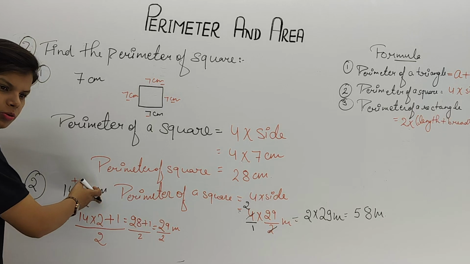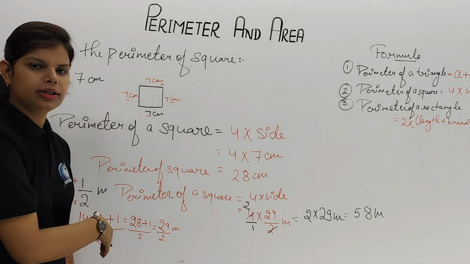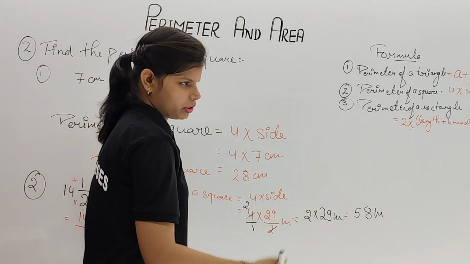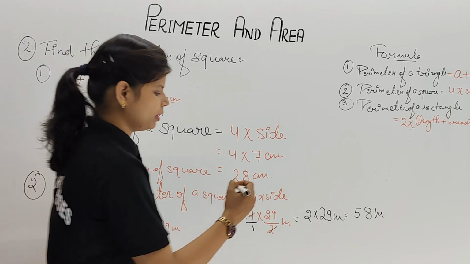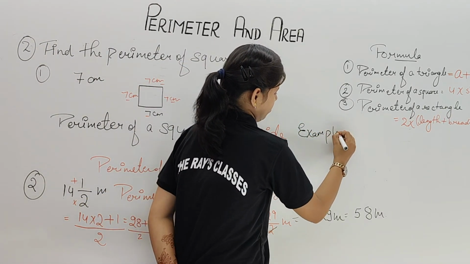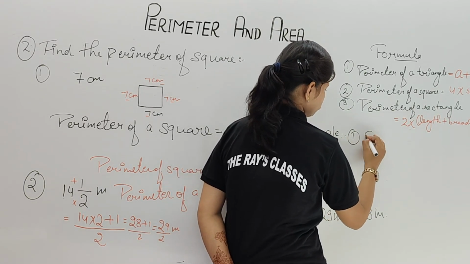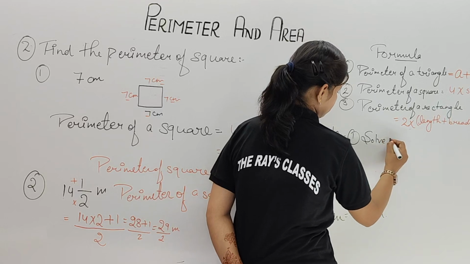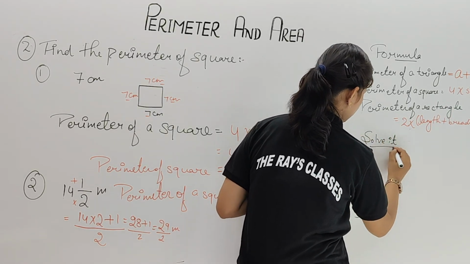This type of questions can also be asked, and this type of questions can also be asked. It totally depends on the pattern of the questions, what type of questions can be asked. So please prepare yourself. Now I am giving 2-3 examples that you have to solve. Example. First is your solve it. Clear? You have to solve these examples.